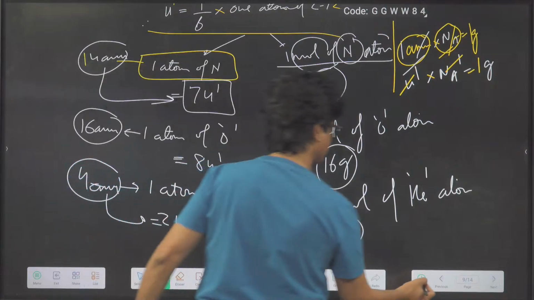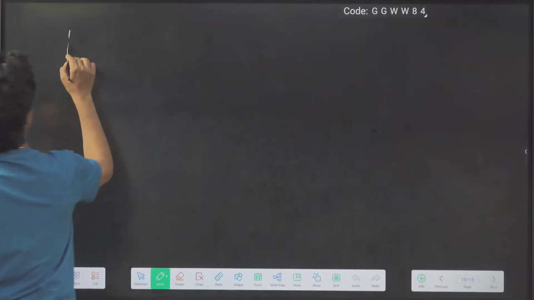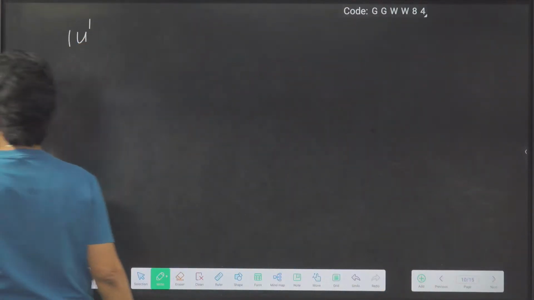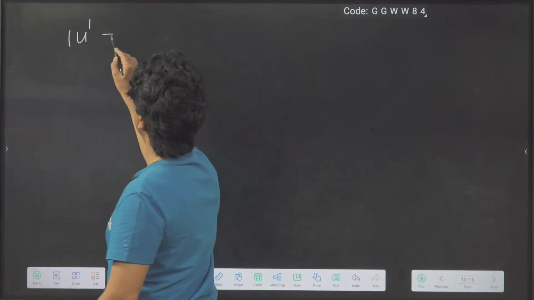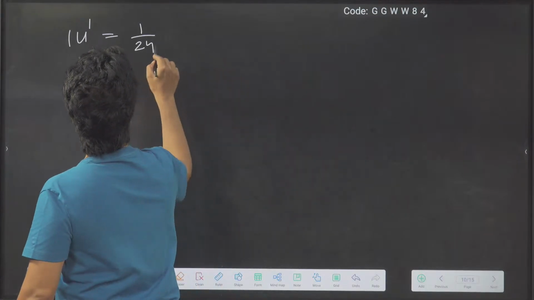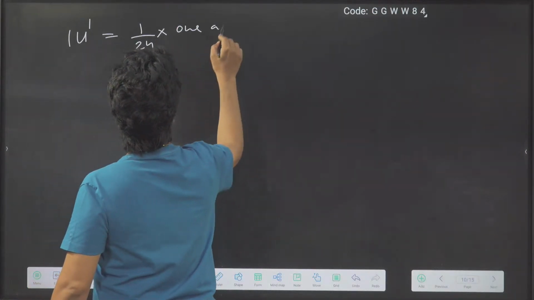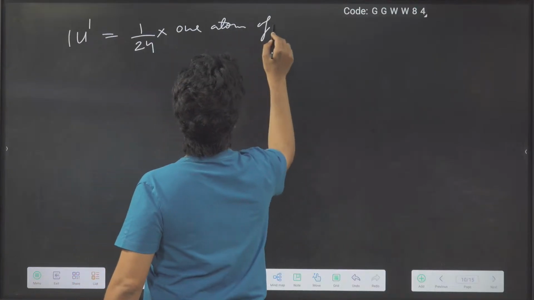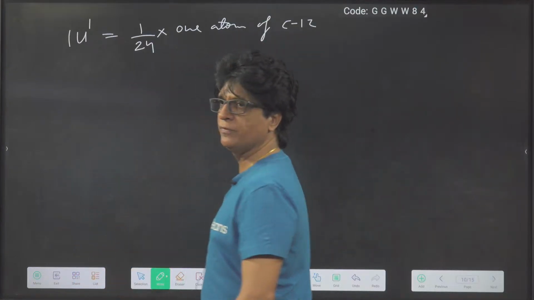Okay, let's say 1 U dash, new atomic mass unit U dash, is equal to 1 by 24 into the weight of 1 atom of carbon 12.